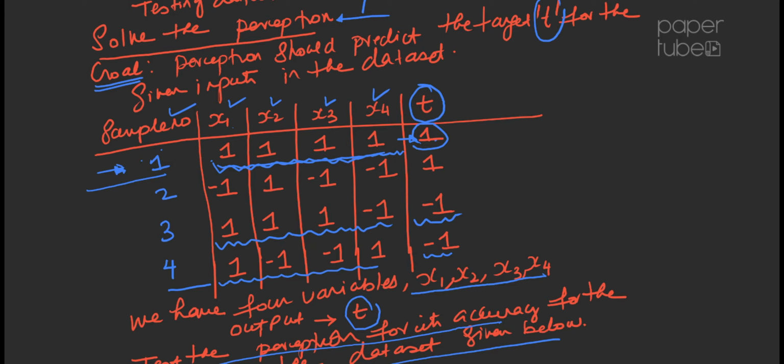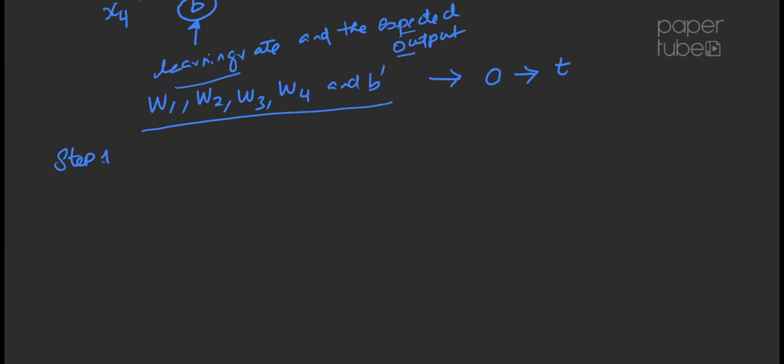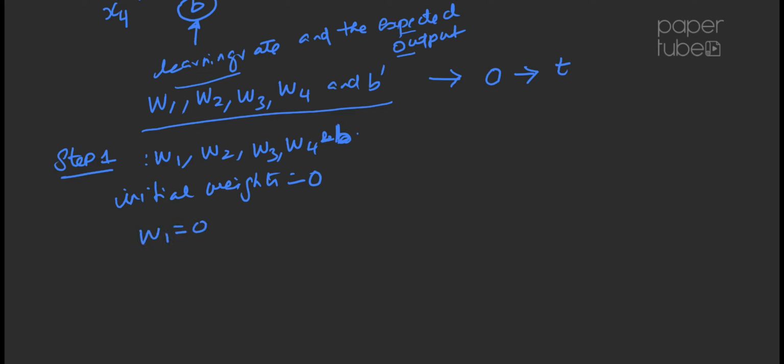Obviously, the first step, we have to calculate w1, w2, w3, w4 and wb, where b is for bias. And then to solve, we have to assume that the initial weights and bias are equal to 0. Which means w1 will be equal to 0, equal to w2, equal to w3, equal to w4, and equal to the bias.